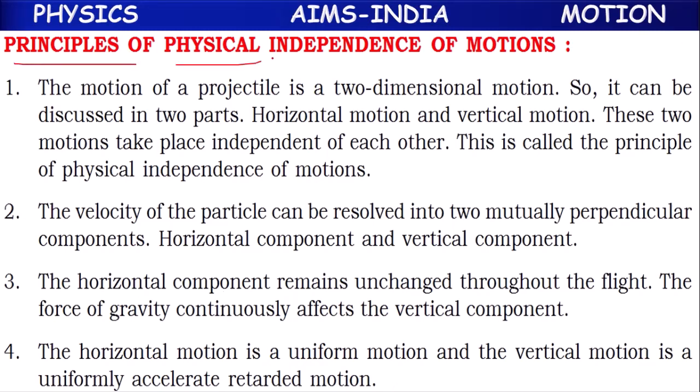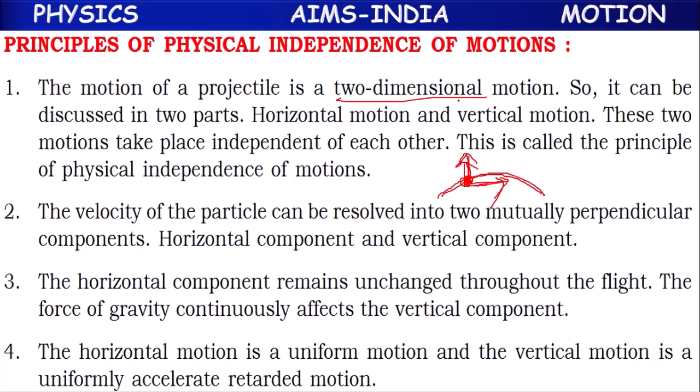Next we have the principle of physical independence of motions. Here the motion of a projectile is two-dimensional motion. If there is a projectile at any point, we can resolve its motion into two components, a vertical component and a horizontal component.